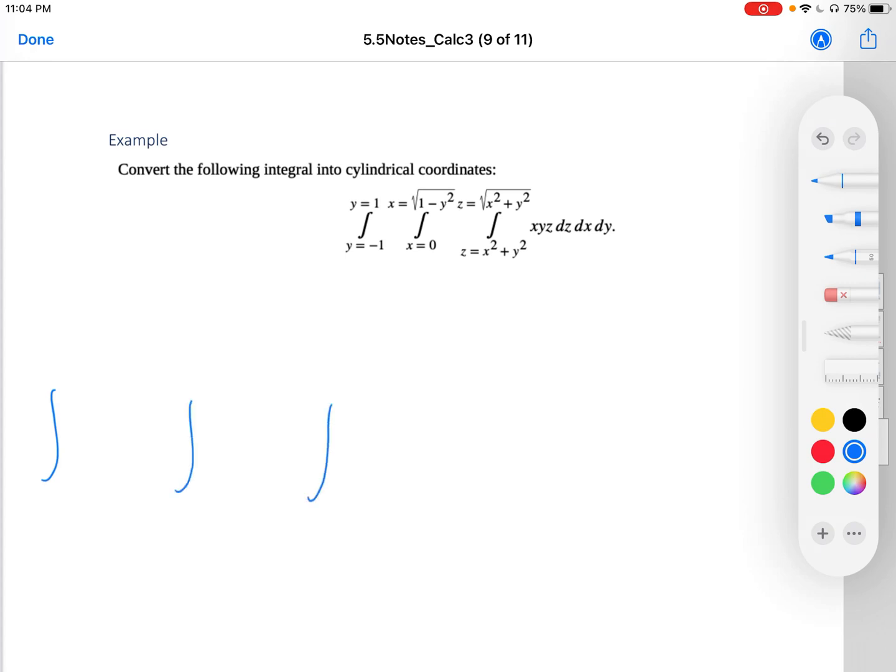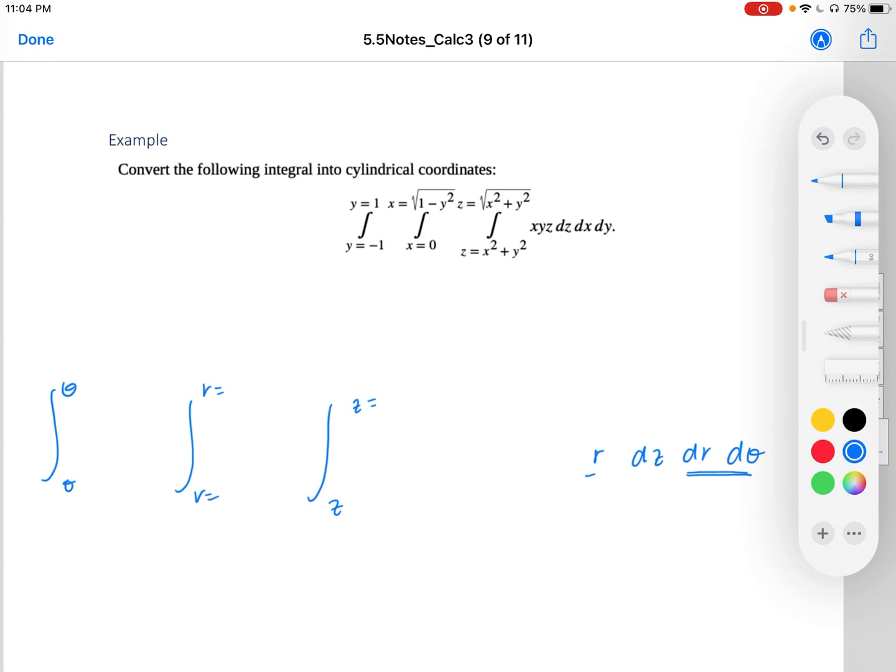So we have z, r, and theta. So because of that, we're going to have an r, and then dz, dr, d theta. And this r comes from, remember, 2 sections ago, we always have r, dr, d theta.